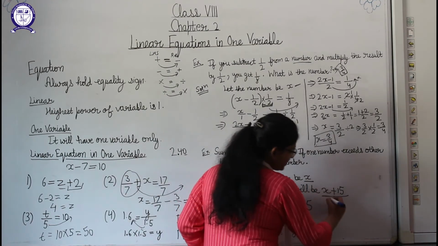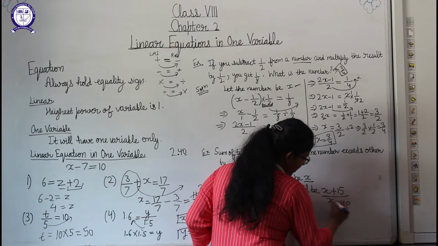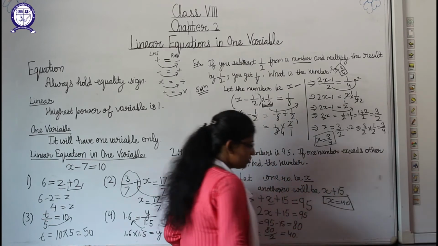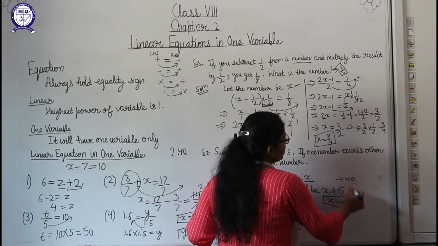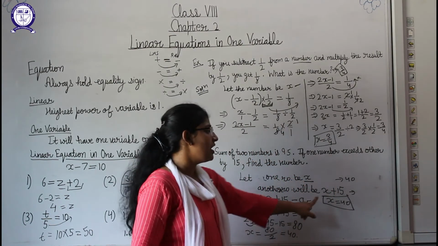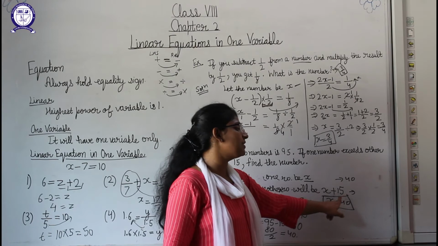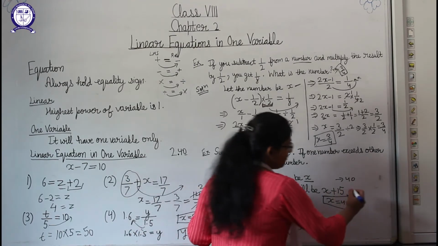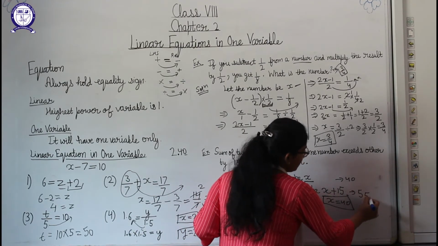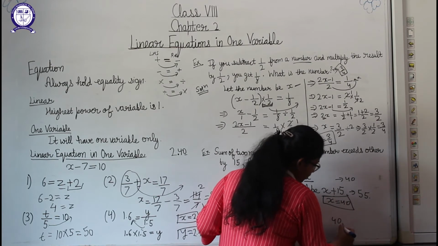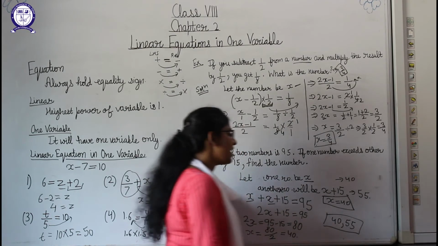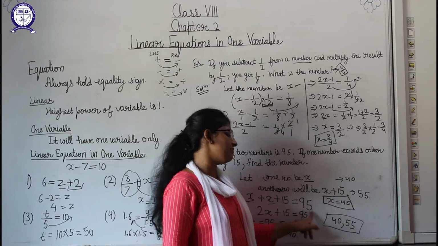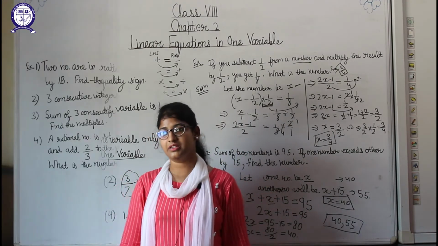Okay, as x is equal to 40, this one number comes out to be 40, and the other number is x plus 15. x plus 15 means 40 plus 15, so it will be 55, students. Okay, so the two numbers are 40 and 55, and if we add them we are getting 95. It means our answer is right.